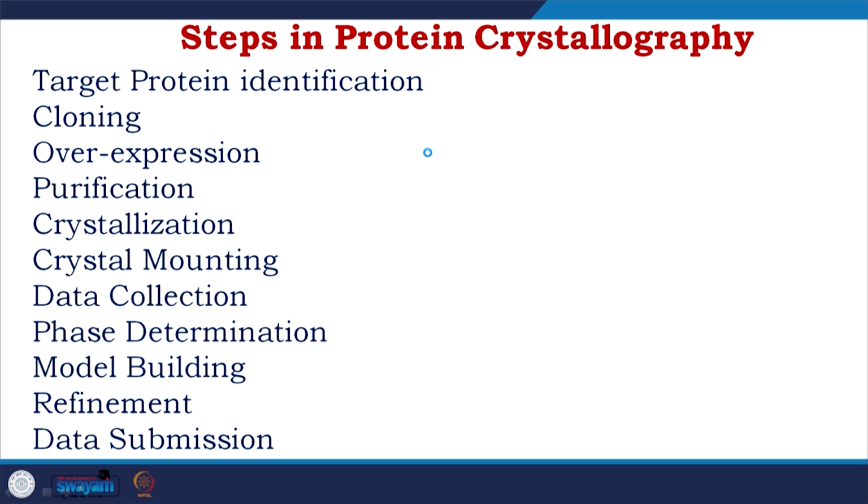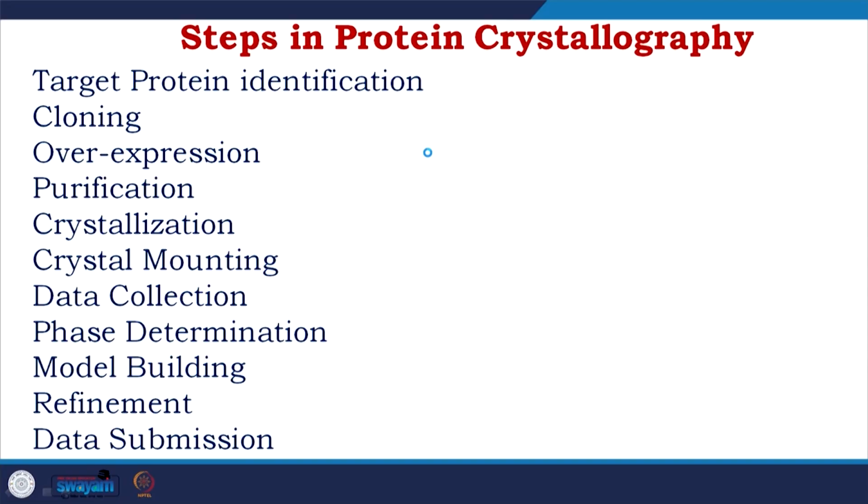For structure solution techniques, purification is extremely critical, because you could only get good information if you have very, very pure protein in solution. Then coming to the part I am talking about from the start to the end, which is crystallization, the biggest barrier in the success of protein crystallography.